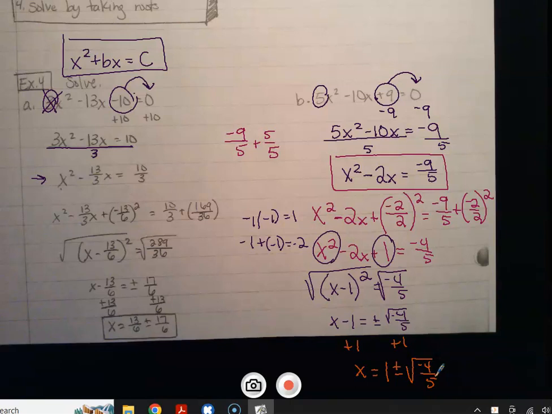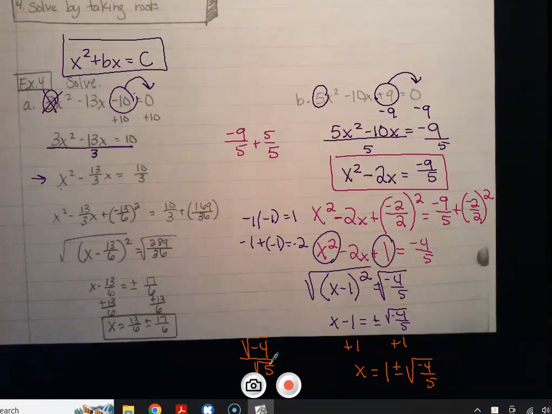Now the other thing with this is that it's the same thing as the square root of negative 4 over the square root of 5. So we can multiply by the square root of 5 over the square root of 5. That's what we multiply by.